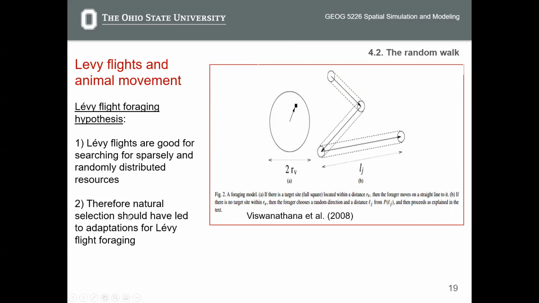So natural selection should have led to adaptations for Levy flight foraging. I'm not saying, and the scientists are not saying, that all animals strictly follow Levy flights.